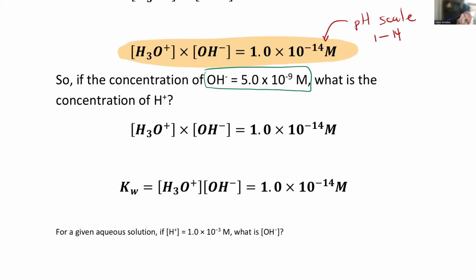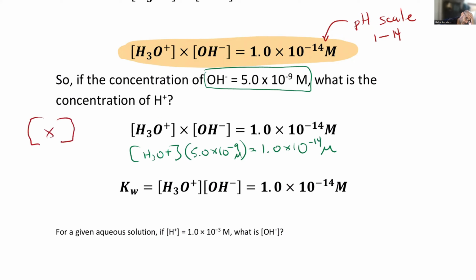I know that the OH minus is 5.0 times 10 to the negative 9, and that this product is equal to 1 times 10 to the negative 14. What is the concentration of H3O plus? By the way, the brackets mean concentration, and the answer is going to be in molarity.